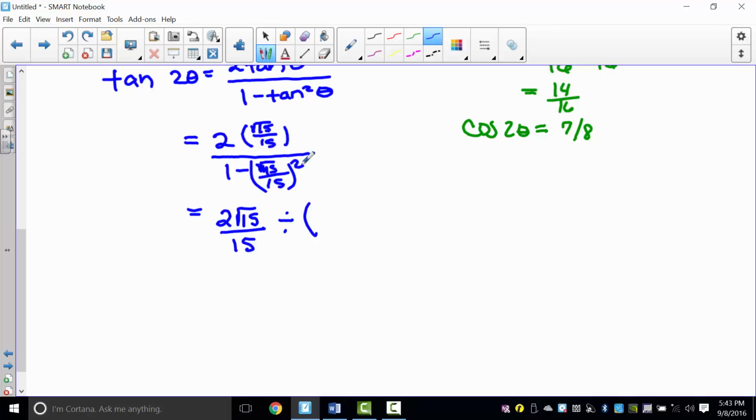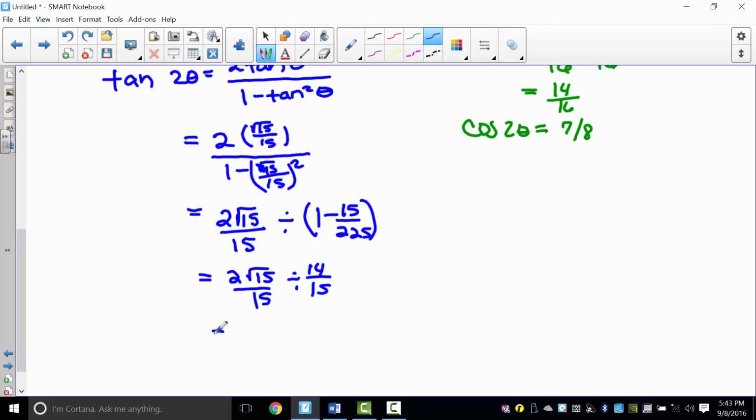Order of operations says I must do my exponent first. So I have 1 minus radical 15 squared is 15, and 15 squared is 225. So 2 radical 15 over 15 divided by 1 minus 15 over 225. You can enter that into your calculator, and we have 14 over 15.